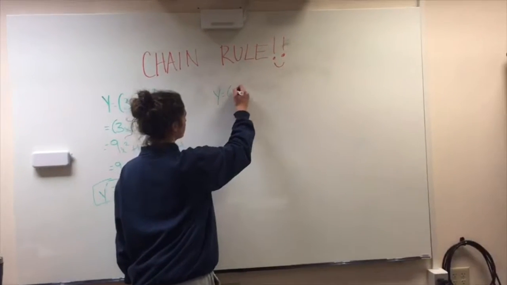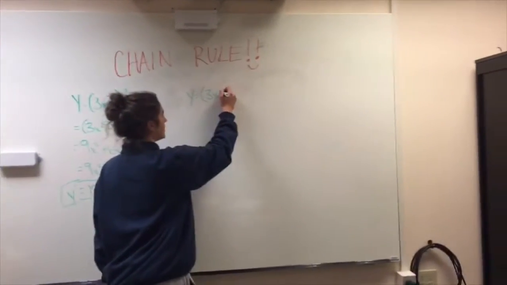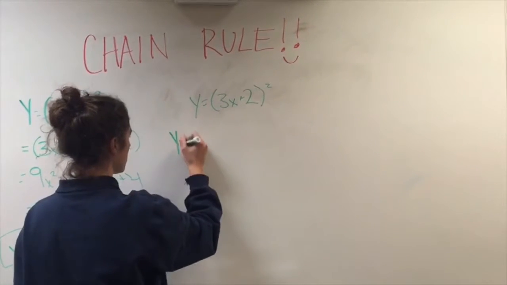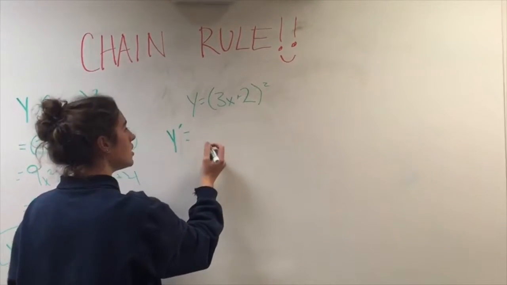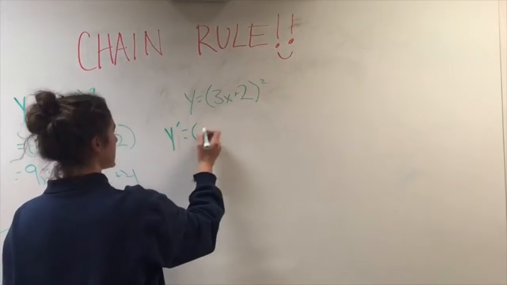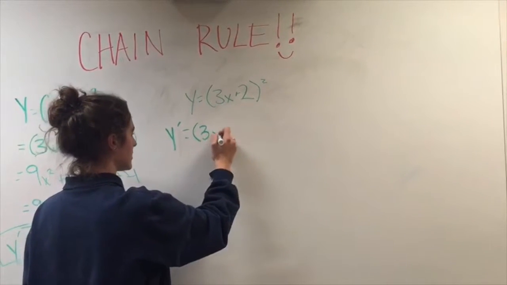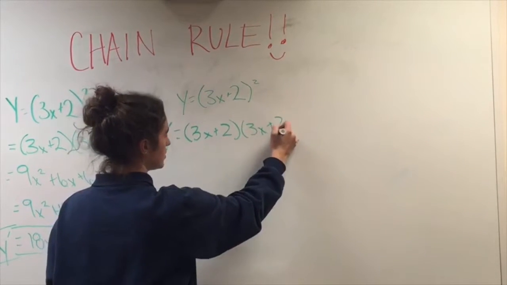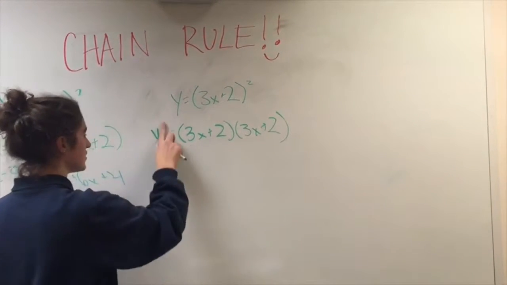We can also find the derivative of this same equation by using the product rule. So we can do y prime equals, and we can put it into the same two sets of parentheses, (3x+2)(3x+2), and then we use the product rule.